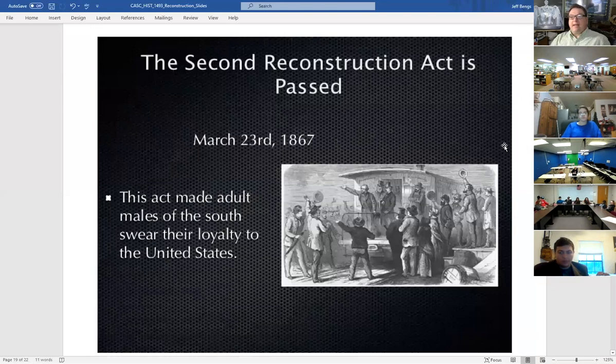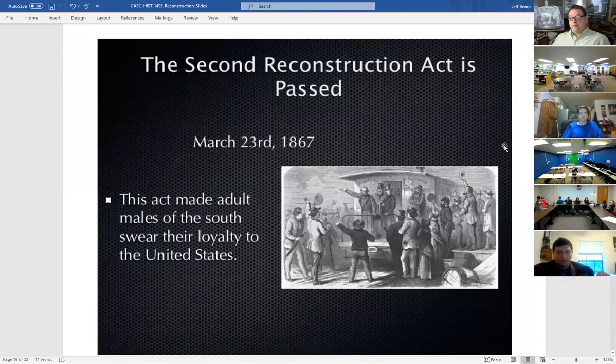The second act required that all adult males of the South, so this would be all the Confederates as well as all the commoners, all the men of the South, had to swear loyalty to the United States.